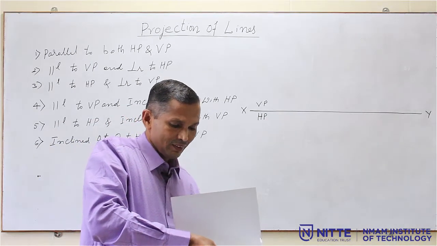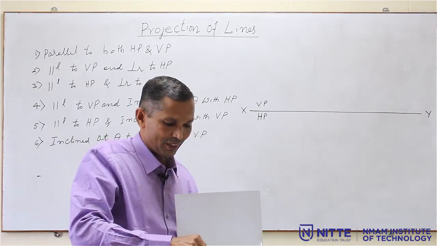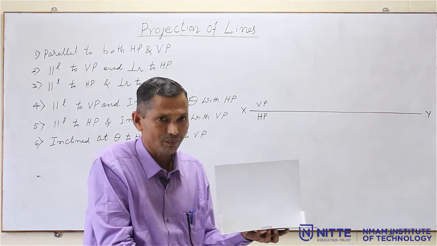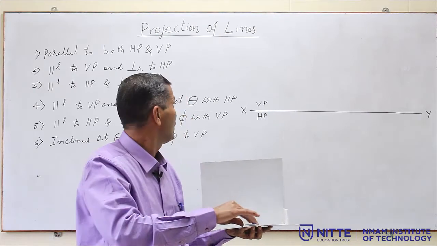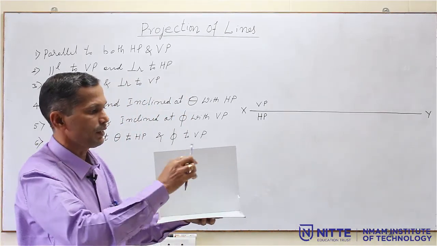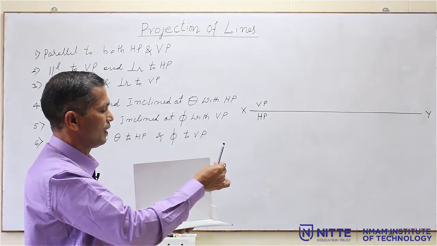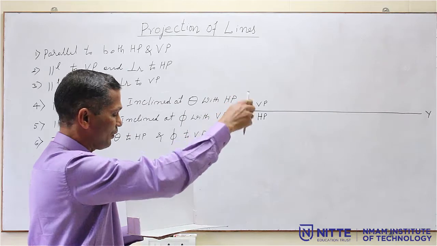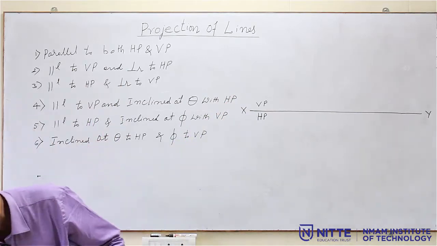Now, if I draw the top view here, it will be like this, and I have to rotate it down like this. It will be moving down. So, it will be a straight line like this, and front view will be a point. Then I have to get the profile view.